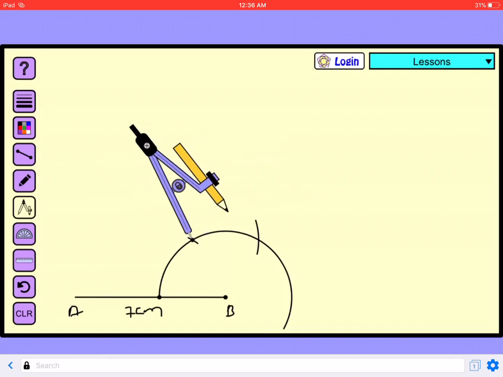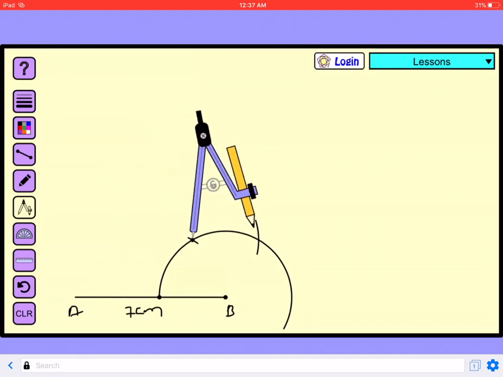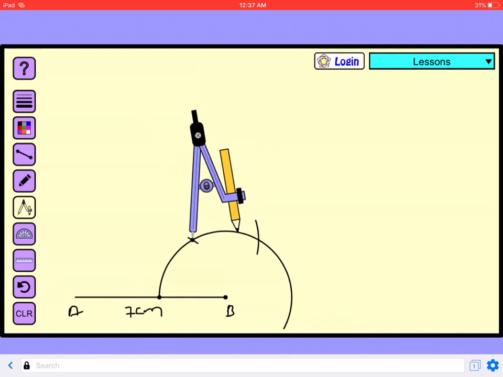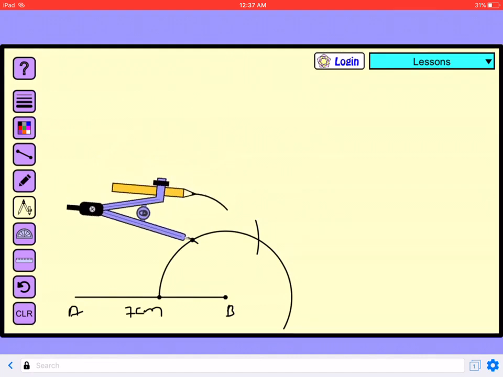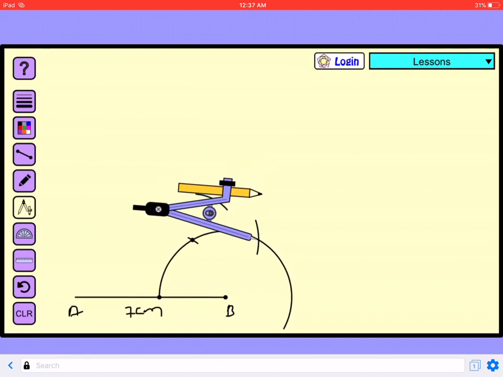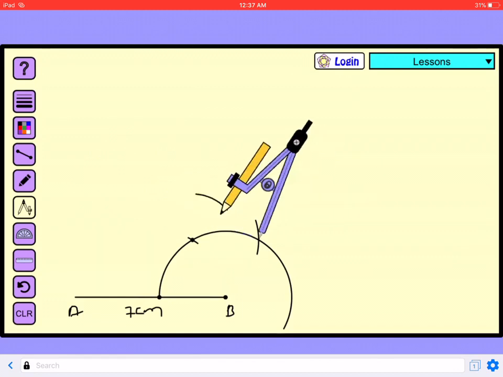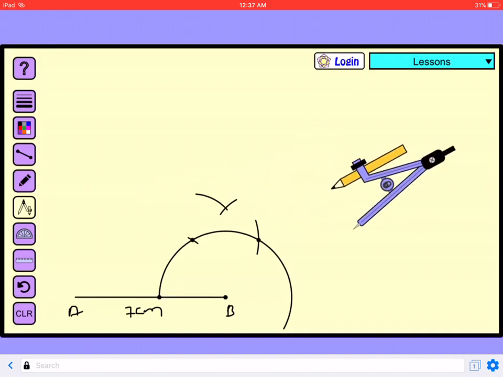Taking a radius greater than half of this part, swing an arc from both sides of this 60-degree part. Now join this intersection point with B and you will get the 90-degree angle. So here you will get the 90-degree angle at point B.